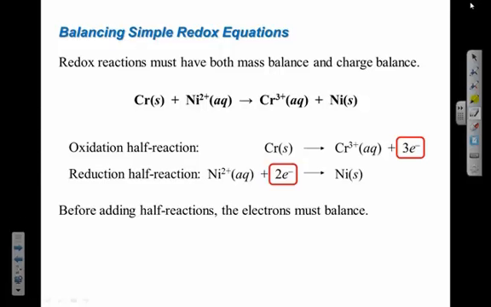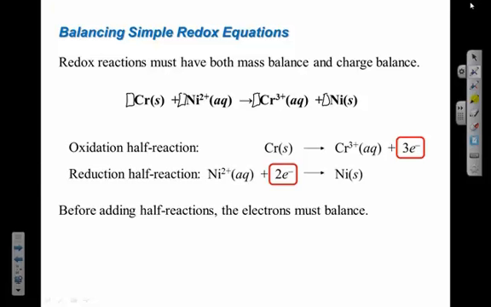So this is something we mentioned a little bit, just a couple more examples here. In terms of balancing reactions, we know that if we're going to do calculations involving a reaction, we need to balance the reaction. That's the very first thing we always have to do, right? Because if we don't have the correct coefficients in the balanced reaction, I can't answer questions like, how much chromium do I need to react all my nickel?